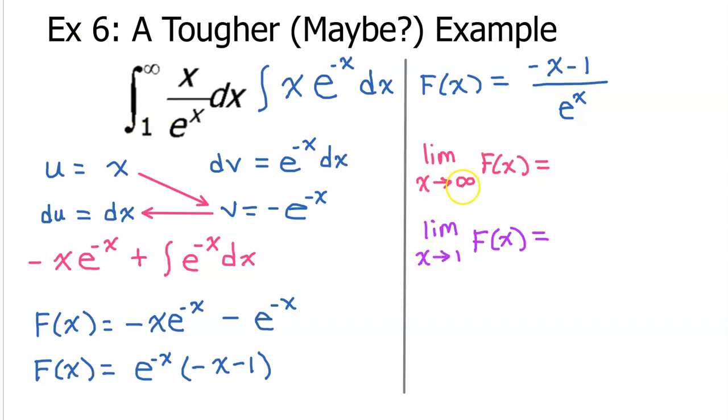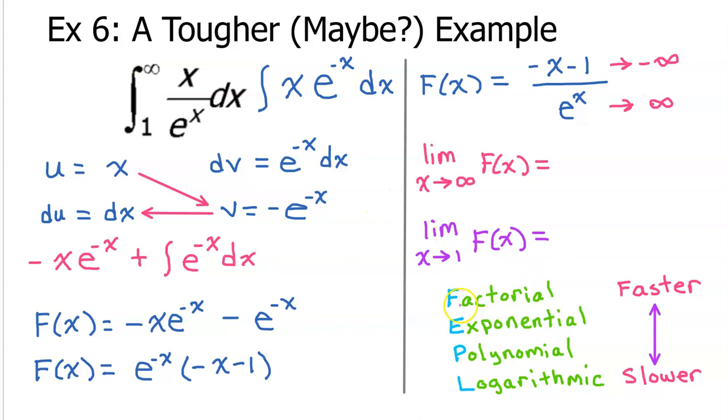As x approaches infinity, the numerator approaches negative infinity and the denominator approaches positive infinity. We can use the acronym FEPL to help us decide which infinity is growing faster. FEPL ranks the different types of expressions in order from fastest to slowest growing. In the numerator, we have a polynomial, and in the denominator, we have an exponential expression.